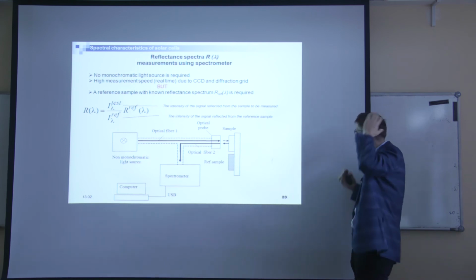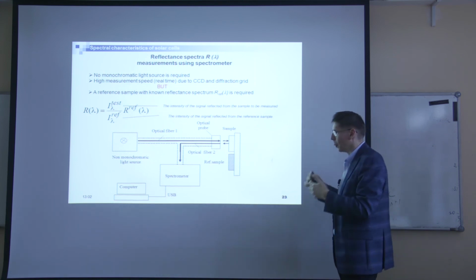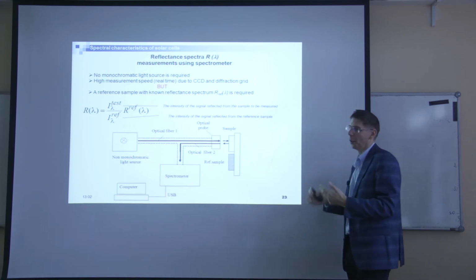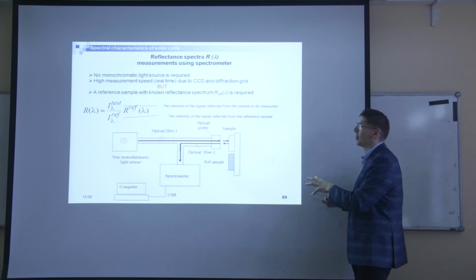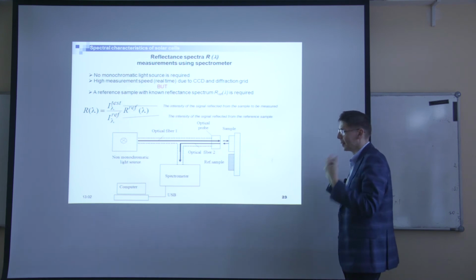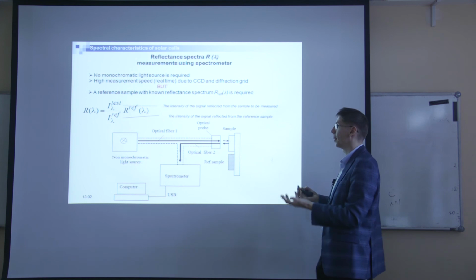You cannot measure the quantum efficiency without a monochromator or some source of monochromatic light. But reflectance and transmittance you can simply measure without a monochromator, using this type of spectrometer.